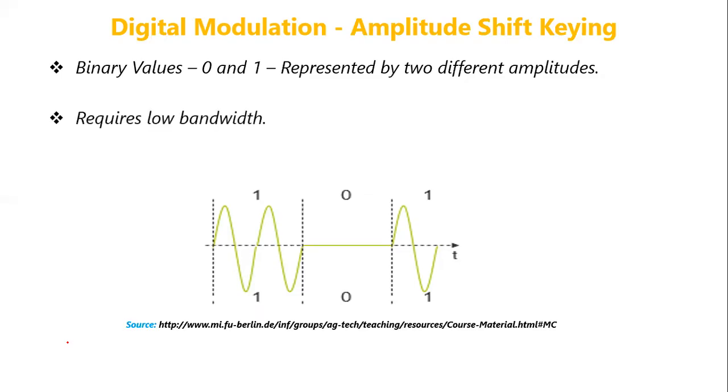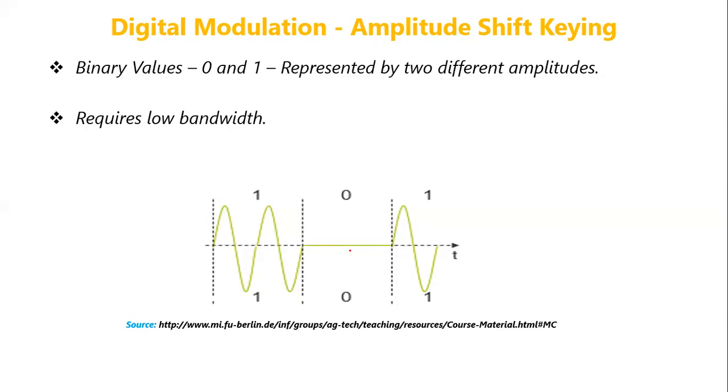You can see in this diagram, if it is 1, it is represented with a signal of one particular amplitude. If it is 0, there is no signal; the amplitude is 0. Again, if it is 1, the signal is transmitted with that amplitude. If the value is 0, no signal will be transmitted. So this is how amplitude shift keying works.